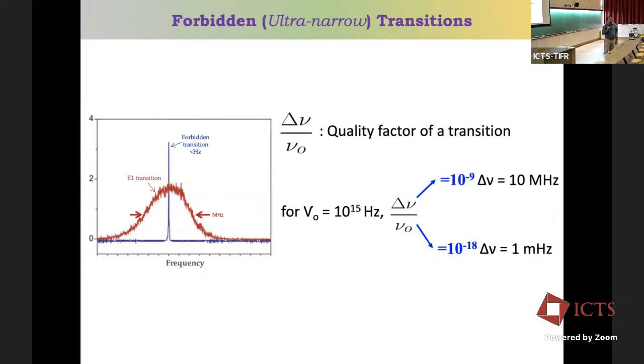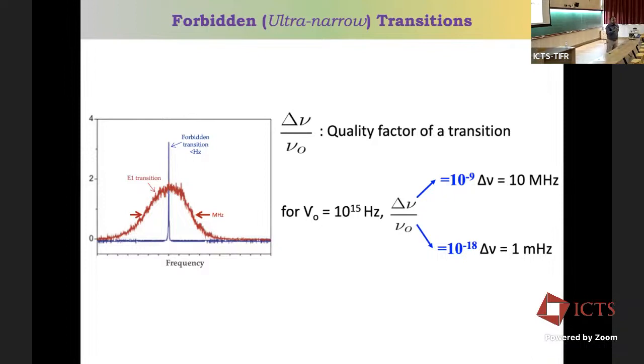Whereas if you take forbidden transitions, for example, electric quadrupole, electric octupole, or magnetic dipole transitions, the line widths are very, very narrow, and could be as narrow as 1 nanohertz. So instead of 10 megahertz, one can go down to 1 nanohertz, or let's say between friends, 1 hertz.